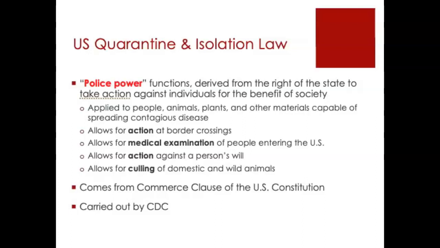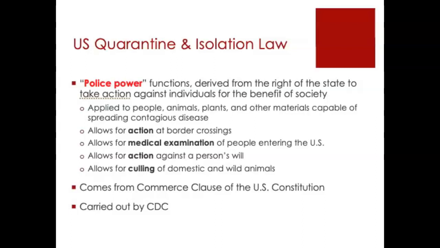Now, if you're not familiar with the term cull, it's just a fancy way of saying kill. It's possible for the government to seize domestic livestock, for example, and kill those animals in an effort to prevent an infectious disease that they have from spreading to other domestic animal locations.